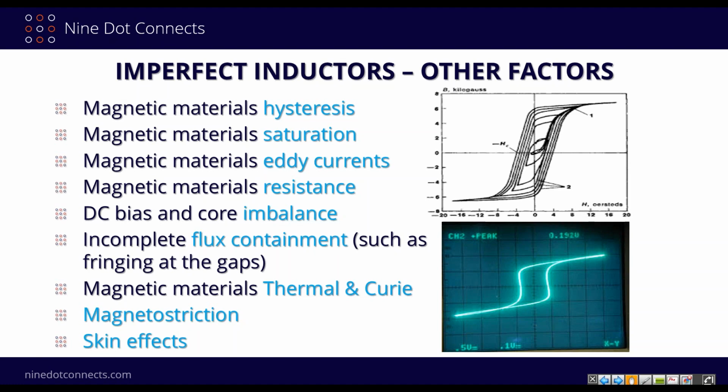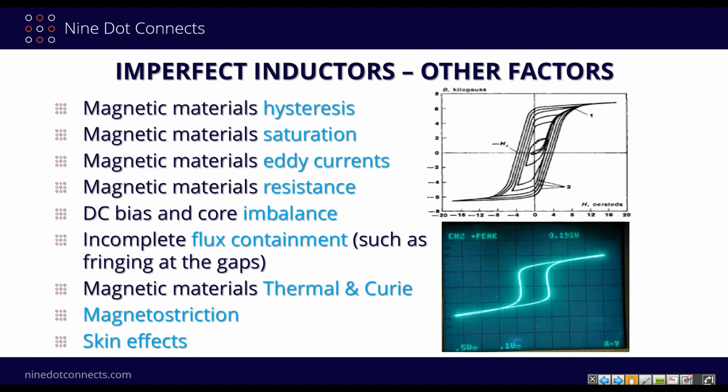Eddy currents: when the magnetic fields inside the core itself are changing, they are creating little currents that flow because the core is also electrically conductive. The core material typically has some resistance in it, like iron cores, iron has some resistance, and those currents as they flow around will actually lose energy to these eddy currents and cause it to heat. There's also incomplete flux containment.